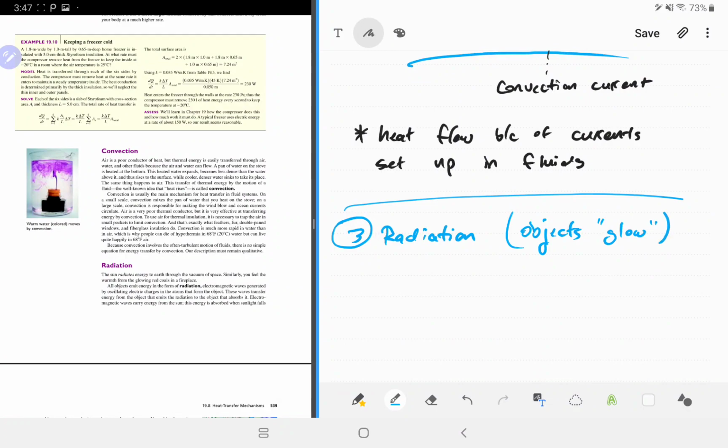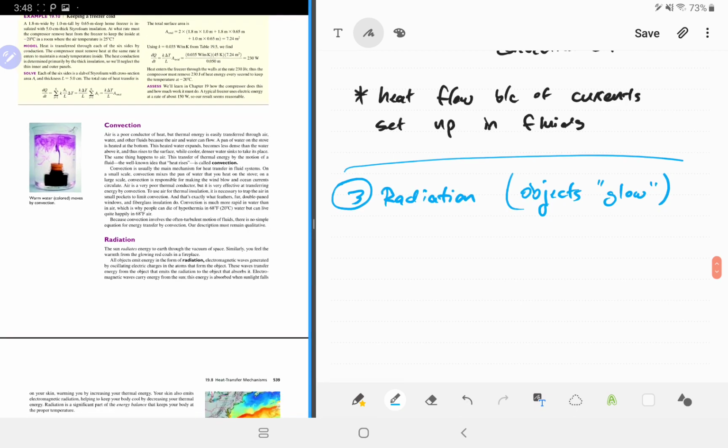So you heat up a fire poker until it gets red hot, right? It's glowing red hot. So you don't see an object glowing until it gets hot enough that it's glowing at visible frequencies. So it turns out that how hot an object is related to the part of the E&M spectrum where it emits, but actually everything is glowing.